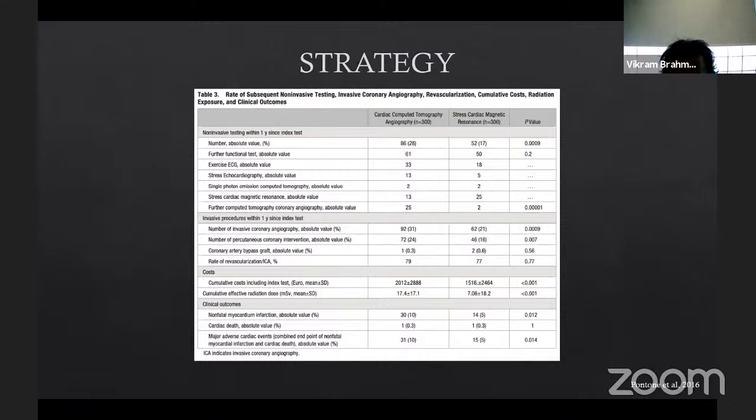So FFR CT may change this. And the CT group probably had higher rates of invasive angiography and revascularization. And I think that's what drove a little bit the higher rate of MI, because these were procedural. But it's an interesting finding. So patients that have known disease, CT can be tough.